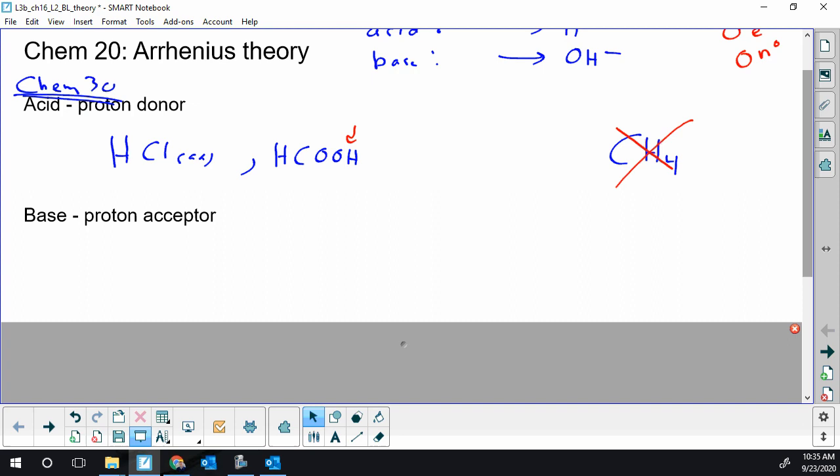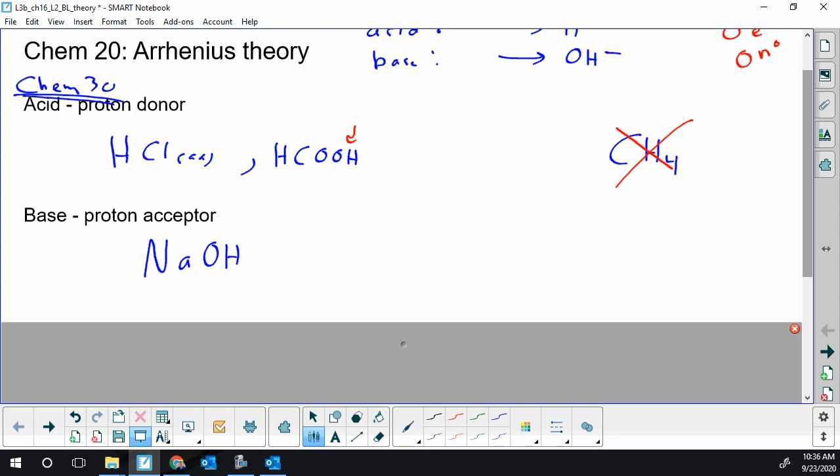It's the exact opposite. Before Arrhenius, the definitions weren't opposite. They're just two different chemicals produced in solution. So a proton acceptor: our old Arrhenius bases have proton acceptors in them. Sodium hydroxide has a proton acceptor built in.